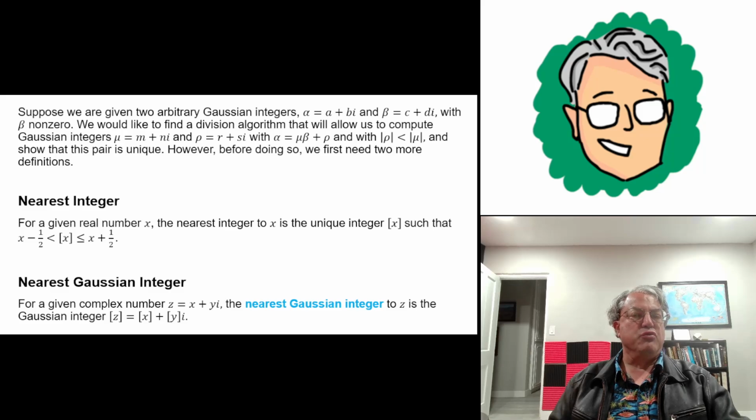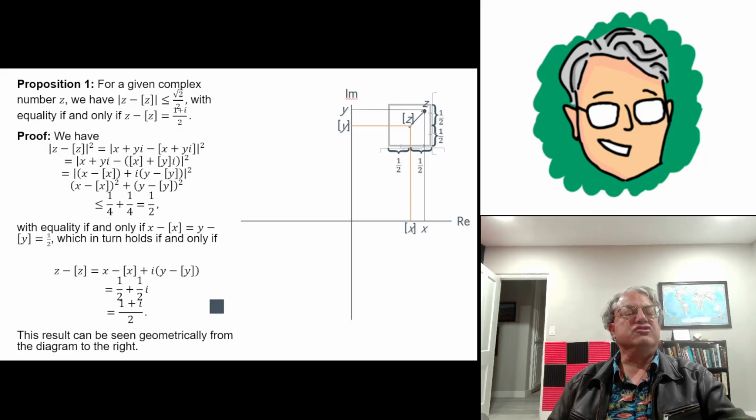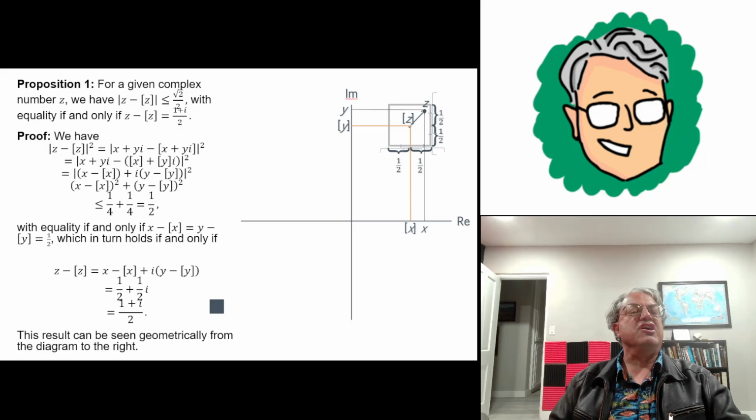So in other words, we round the real and imaginary components to get the rounded Gaussian integer, or the nearest Gaussian integer. And so here's a proposition which shows that it is indeed the nearest Gaussian integer.